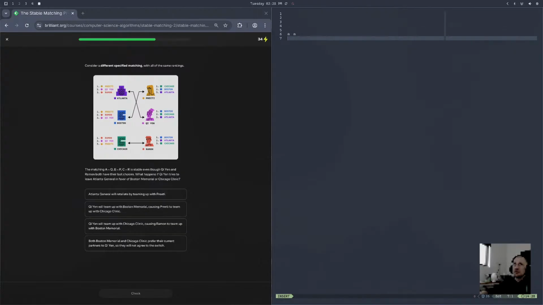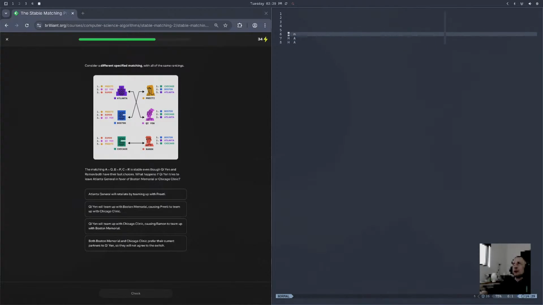Boston is happy because Boston got Peretti. Kiyen, she's the one that's angry because she got Atlanta, which is her last choice. And then Chicago here, you have Ramon, so they're happy. And Ramon got Chicago, so he's angry as well.